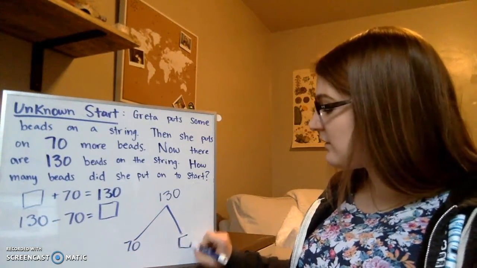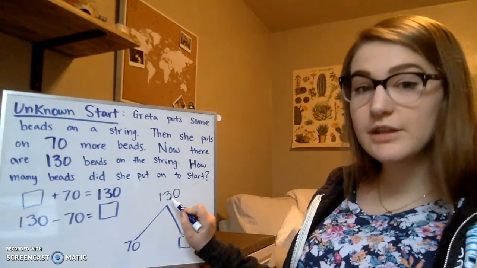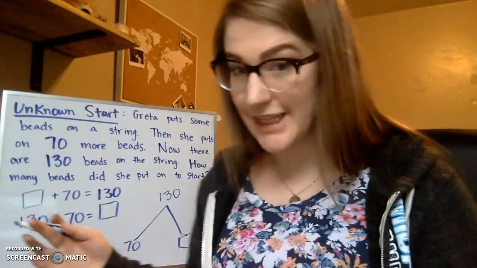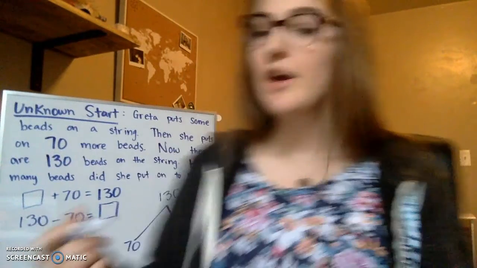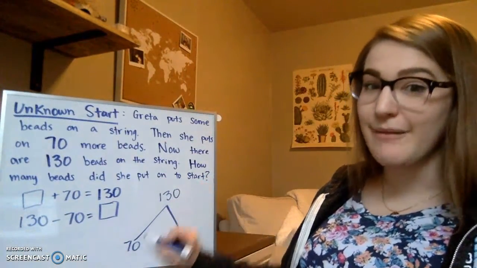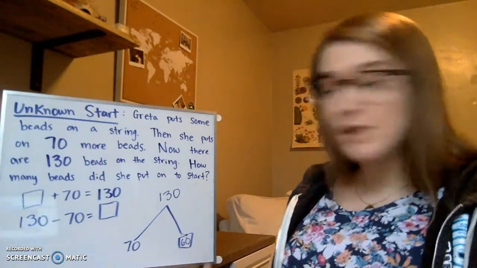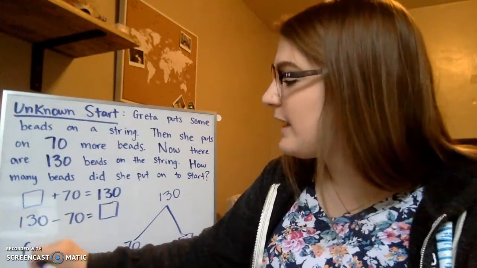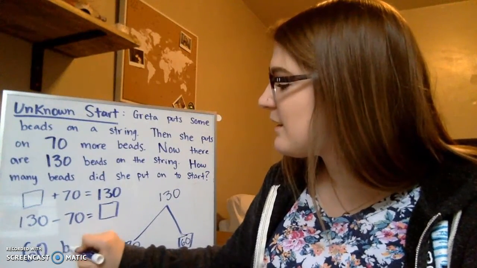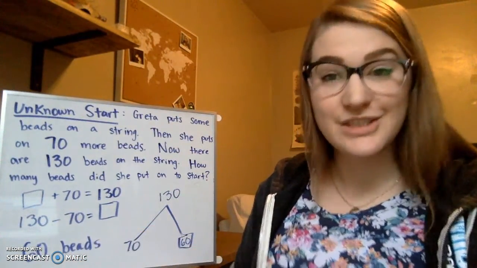So we could do our little box there. So if we know that 13 minus 7 is 6, we also know that 130 minus 70 would be 60. So our answer would be 60 beads. That's how many she started with.